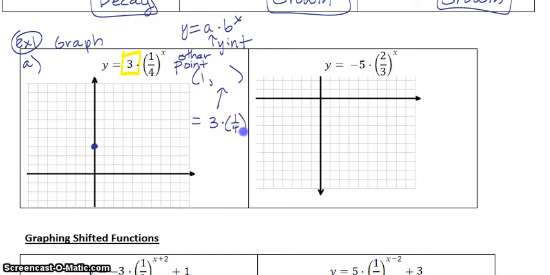And again, it makes it easy when x is 1 because it doesn't do anything to the number. So here I've got 3 times a fourth. Use your graphing calculator if you want to, but 3 times a fourth is 3/4. So it's (1, 3/4) for my answer. So step 1, y-intercept. Step 2, other point. Step 3, draw in the curve.